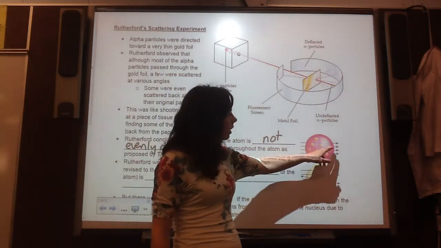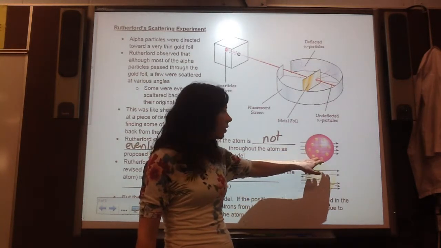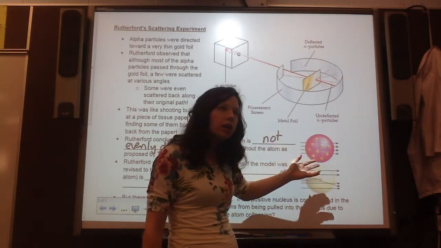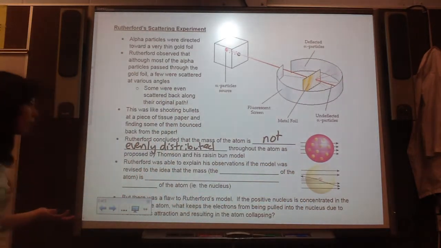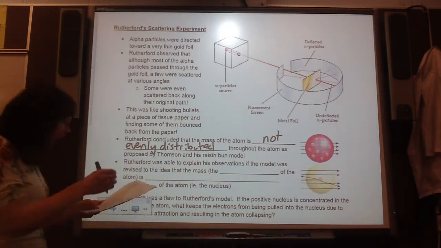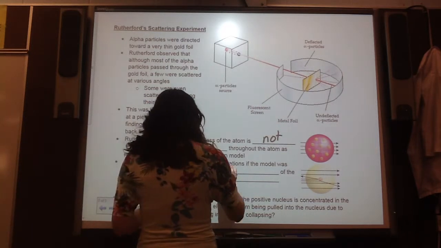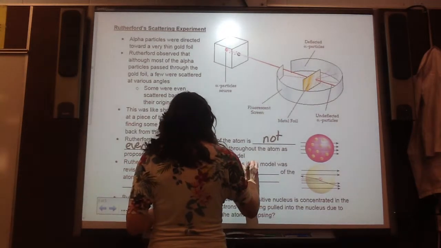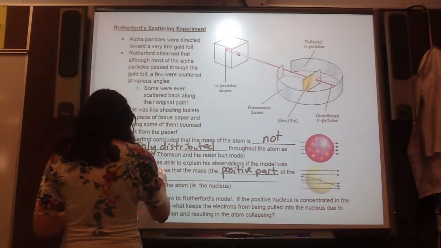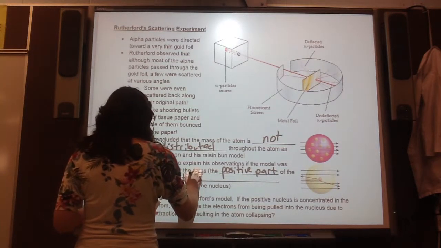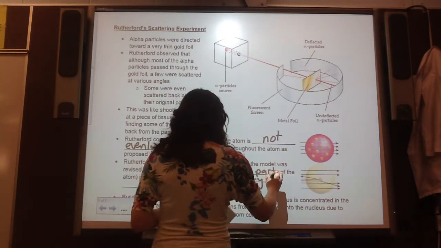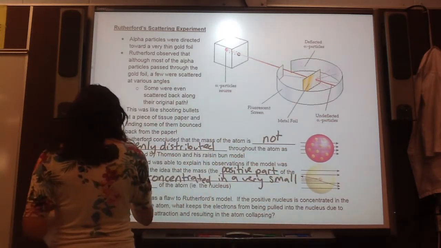So Thomson said the electrons are evenly distributed, but that model doesn't really explain his observations. Rutherford was able to explain his observations if the model was revised to the idea that the mass, the positive part of the atom, is concentrated in a very small region.